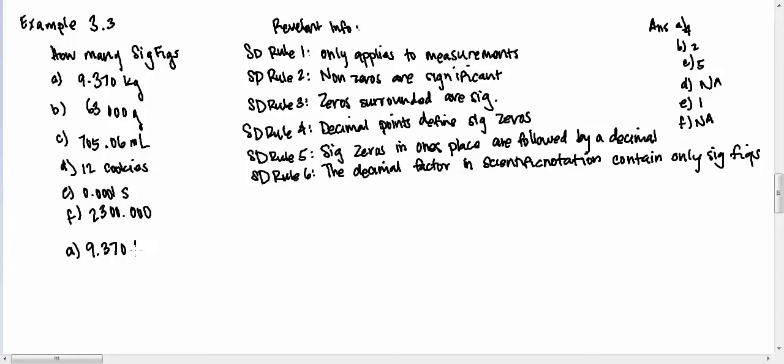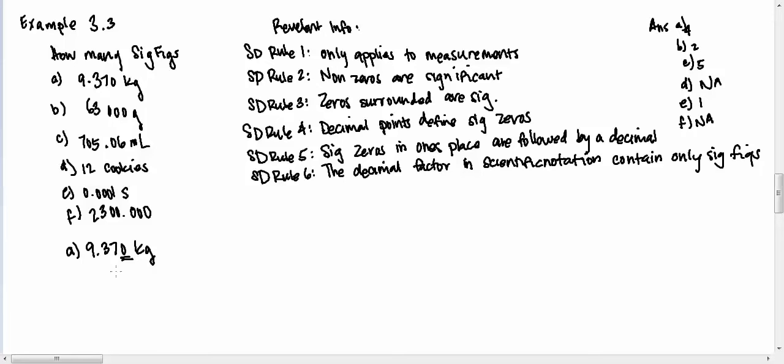All right, so the first one is 9.370 kilograms. First of all, this is a measurement of something. The rule I'm looking at is that the 9, 3, and 7 are significant, so that's 3 of them so far. But this 0, which trails the number on the outside, is significant as well.